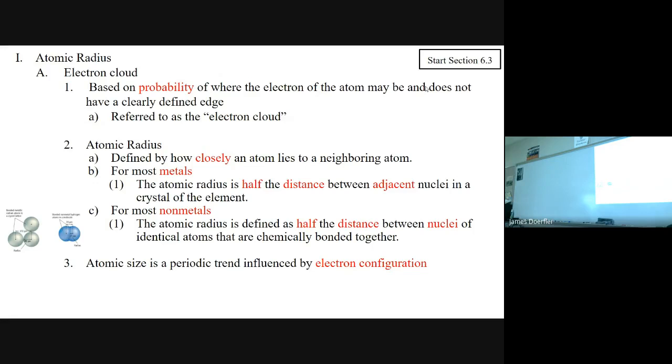That's fancy talk. It's just saying, if you were to take two atomic neighbors, and measure the distance between their nuclei, half that distance is their atomic radius. For most nonmetals, the atomic radius is defined as half the distance between nuclei of identical atoms that are chemically bonded together.